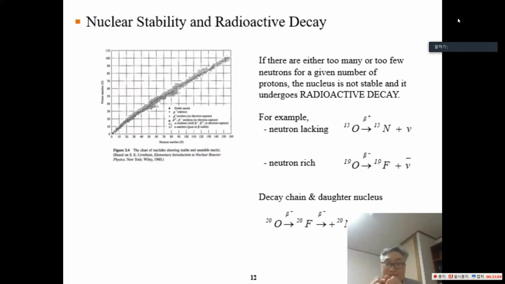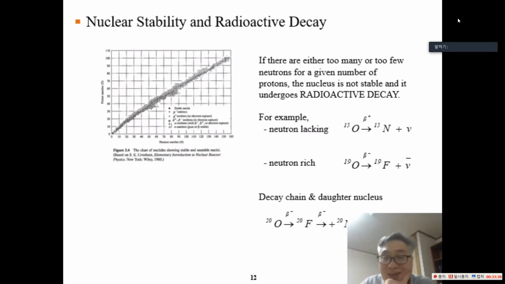So they have to emit an electron to become stable. In this slide, a neutron-rich element like O-19 emits beta minus, an electron, and becomes fluorine-19, so that it becomes stable.